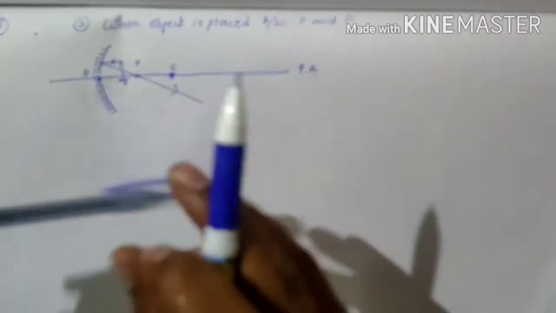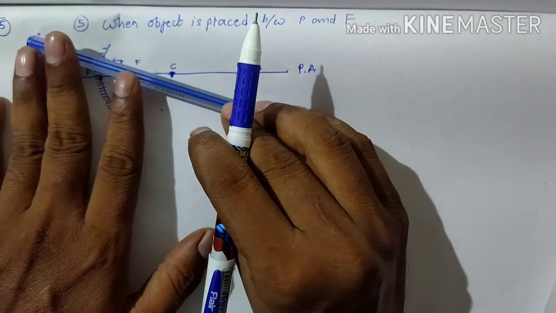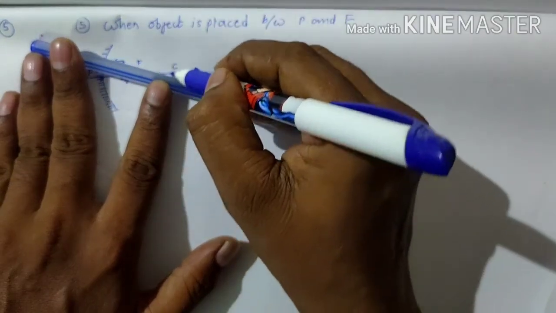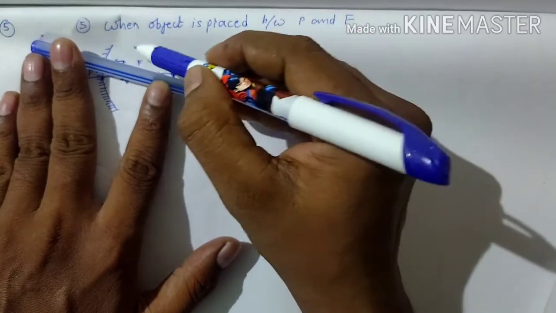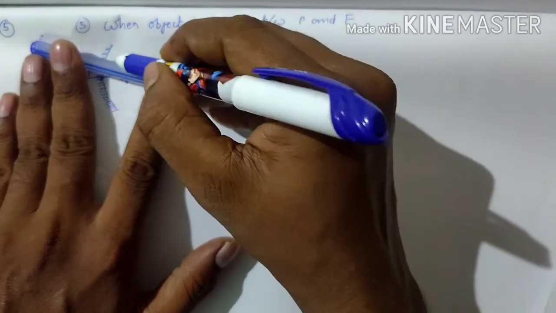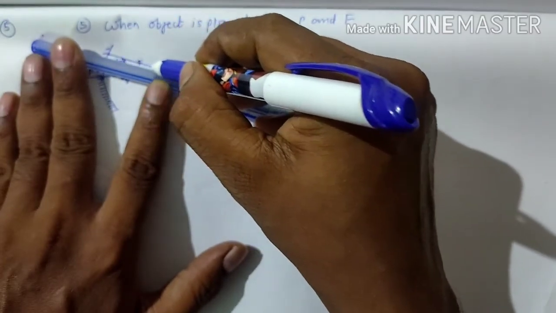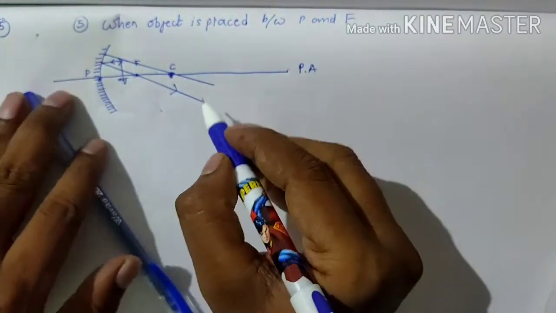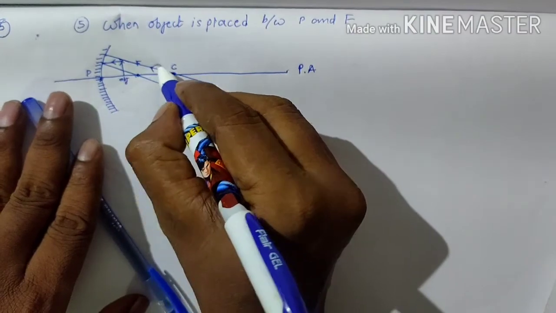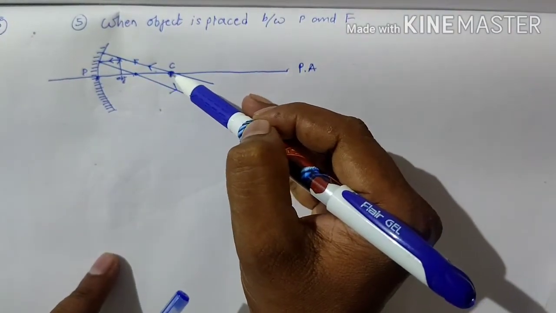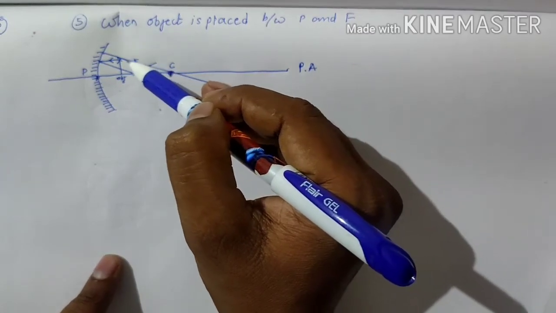So now here you have to assume that the ray is coming from the center of curvature. What I am doing is just drawing a line from the center of curvature. This is the center of curvature and this is the object. So this is the ray. Just imagine the ray coming from the object and passing through the center of curvature.